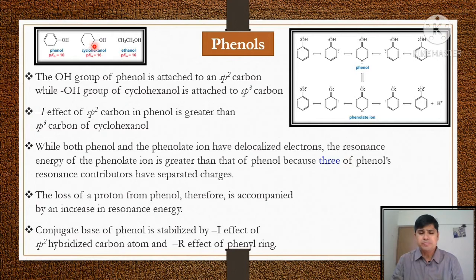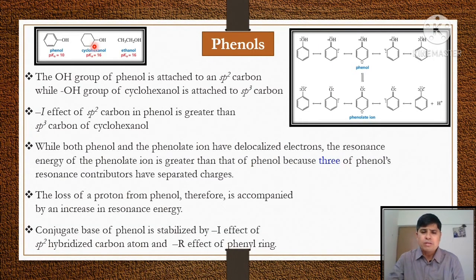In an sp hybridized orbital, the percentage of s character is more. There is 50% s character, and the s orbital is smaller in size, so it is closer to the nucleus, so it can hold the negative charge very tightly, or hold the negative charge well, better than an orbital like a p orbital.